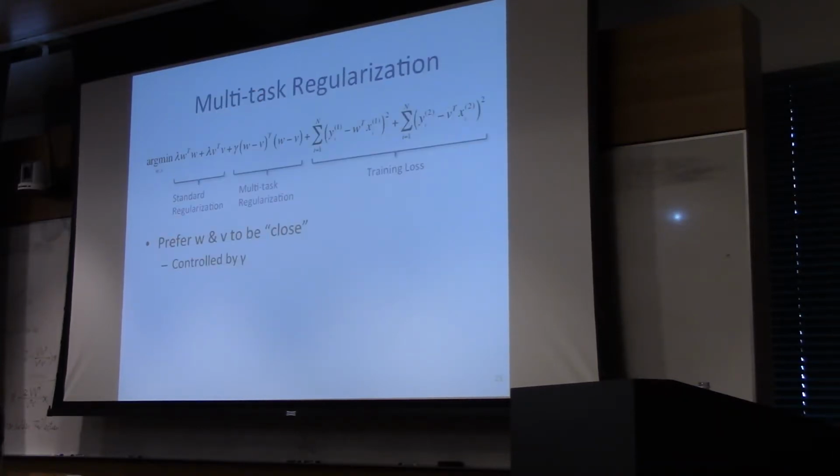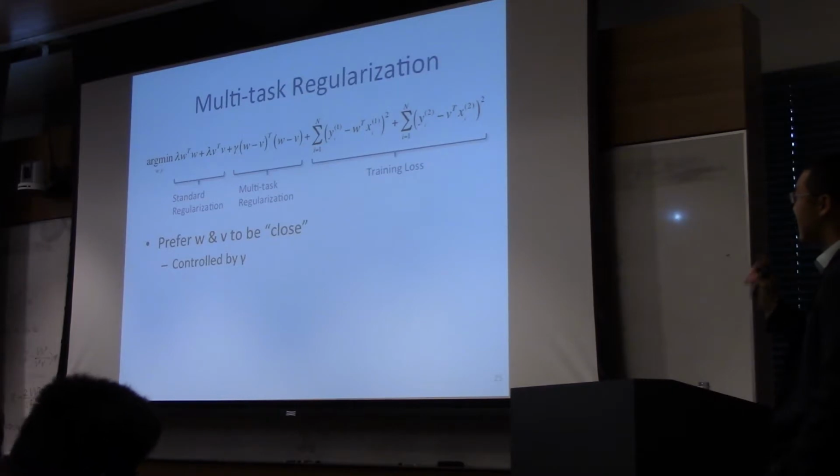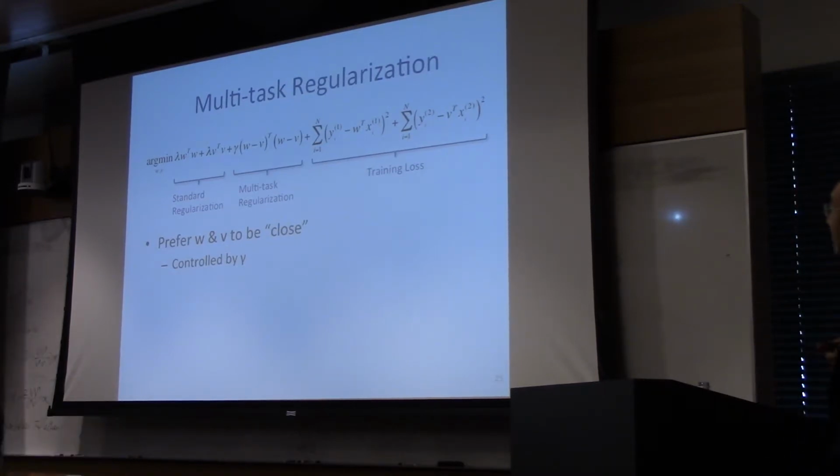So what multitask regularization says is it's another form of regularization. It's a generalization in this particular case of ridge regression, which basically says I want neither W nor V to be too complicated. That's the standard ridge regularization term. I want to minimize this training loss over my two populations, and I want W and V to be similar to each other.